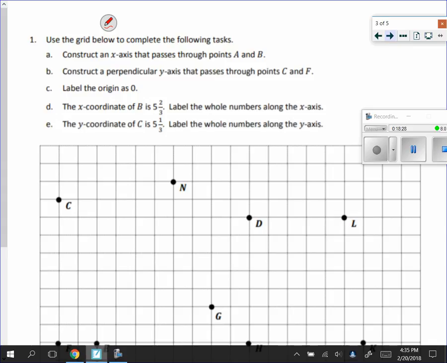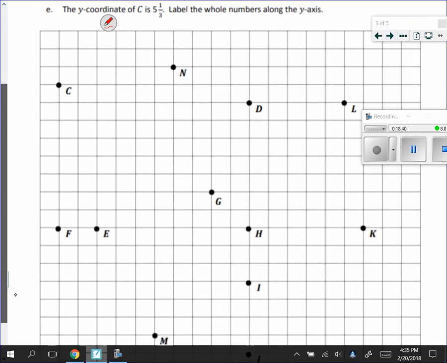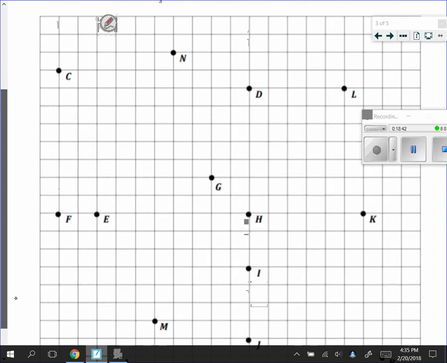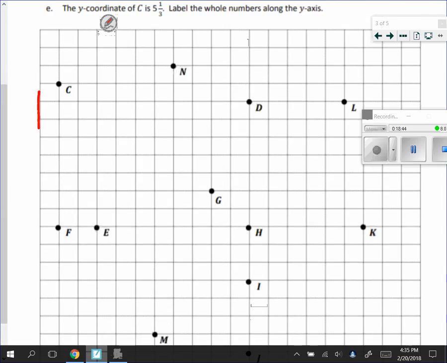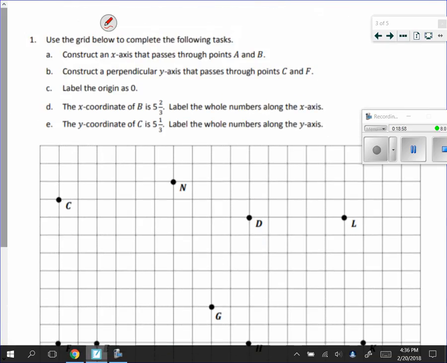It says, construct an x-axis that passes through points A and B. So it's not just drawing the x-axis right here or the y-axis right there, because that's not what the directions say. The directions say, let me go back up because I can't read my paper, an x-axis that passes through A and B.